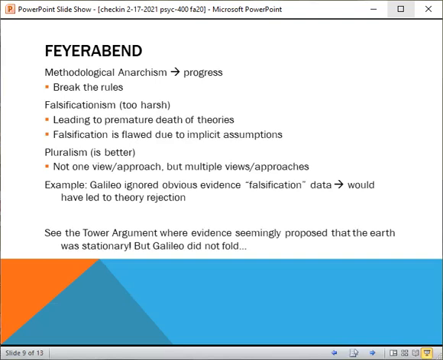Okay, so this idea of pluralism, having many types of options, unique ones to choose from, was one of his ideas. Now, in the textbook, he talked about Galileo, who we discussed in several points here, ignored obvious evidence of falsification data that would have led to the rejection of a theory.